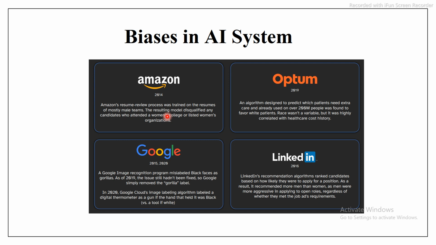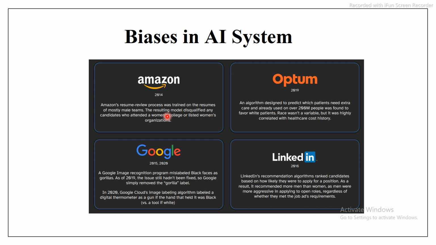As of 2019, the issue still hadn't been fixed, so Google simply removed the gorilla label. They had to withdraw the gorilla label, because a label is something you put in the training data. So the training data had one label, one variable, as gorilla.